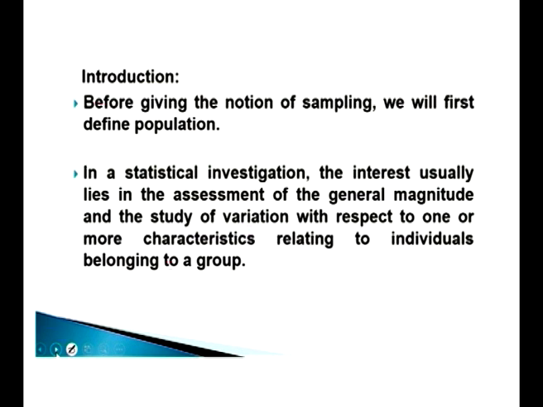In a statistical investigation, the interest usually lies in the assessment of general magnitude and the study of variation with respect to one or more characteristics relating to individuals belonging to a group. We will be testing the individuals with respect to their general magnitude and then their variation with respect to some characteristics.